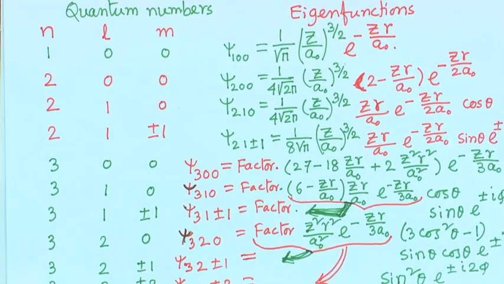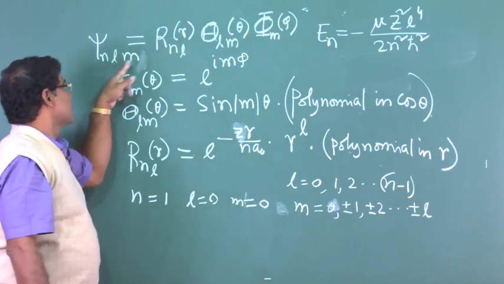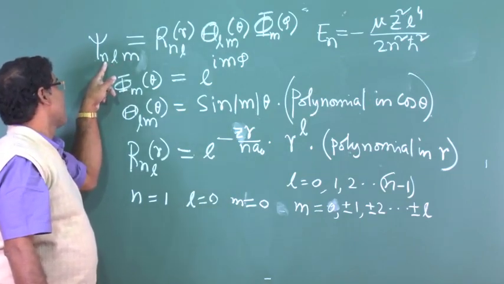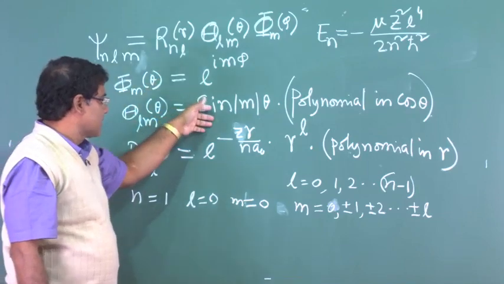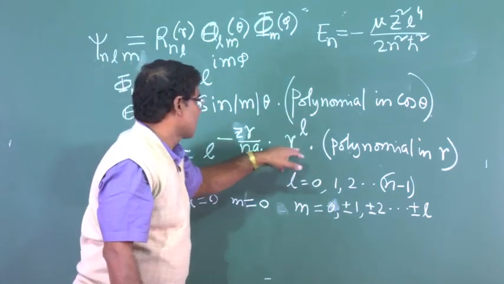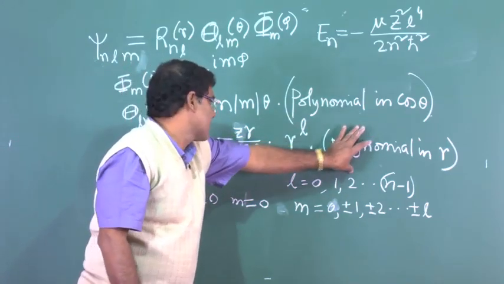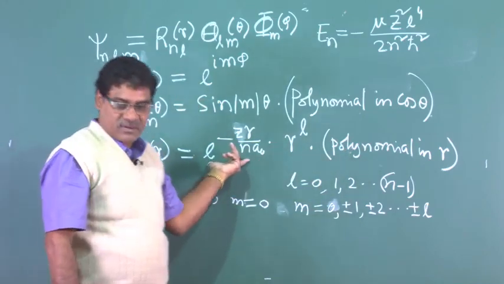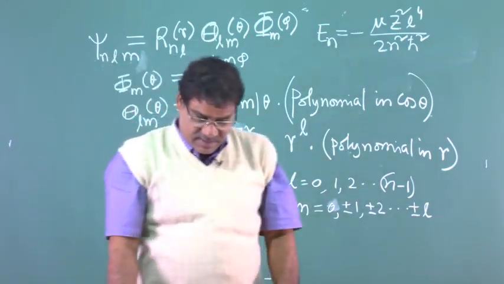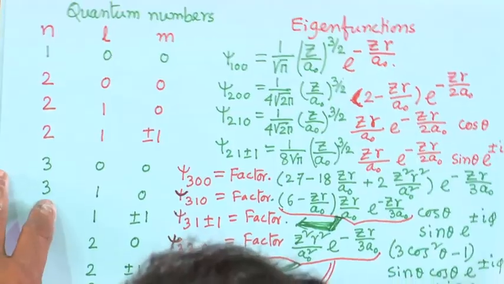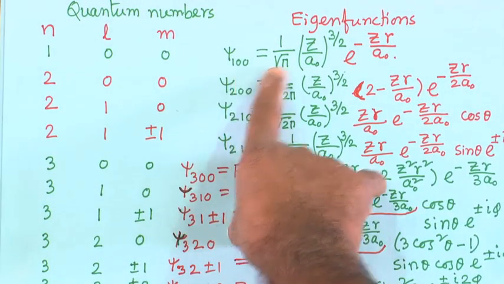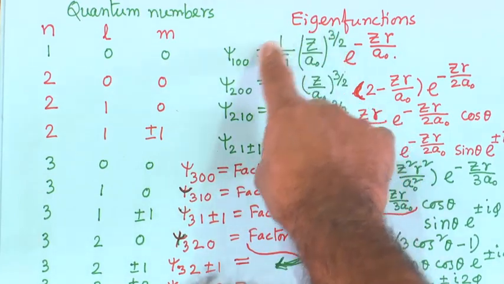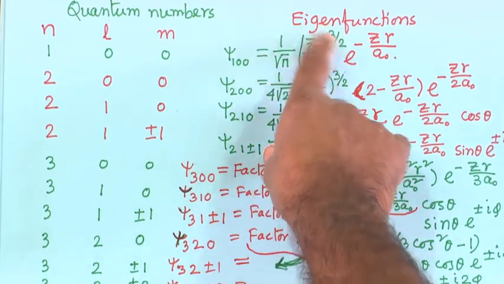Thus psi 1 0 0. This part is 1, this is also 1 or minus 1, so only this part is left. From the normalization part it comes.